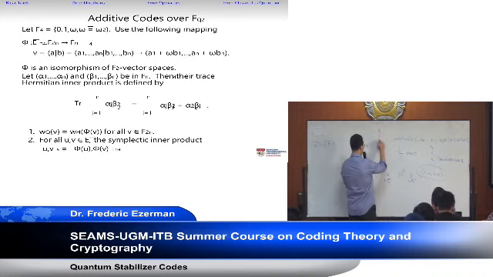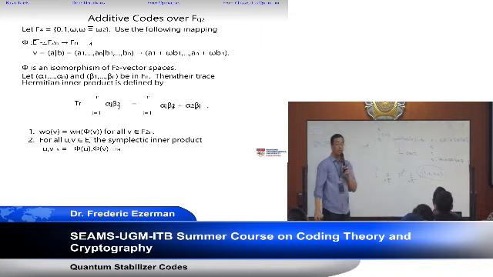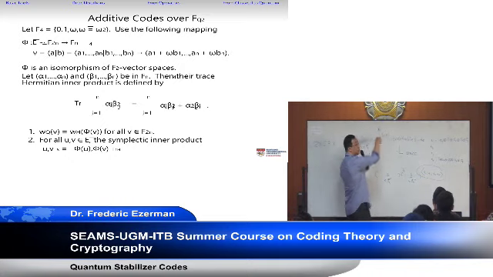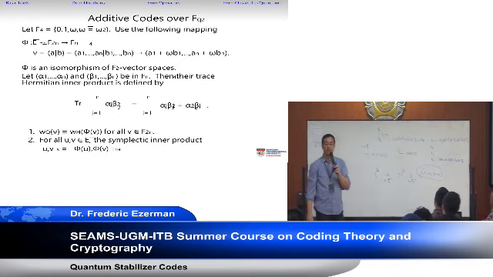I use the basis 1, omega. I look at this as a vector space over this field, so whatever I have here, I will choose this to be A1 times 1 plus B1 times omega.